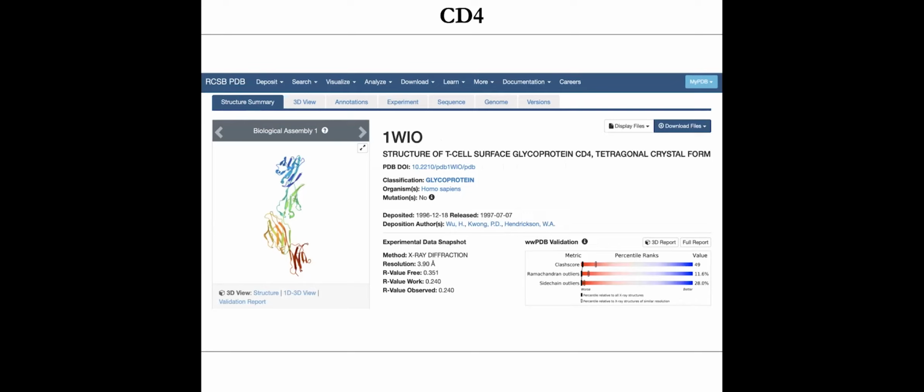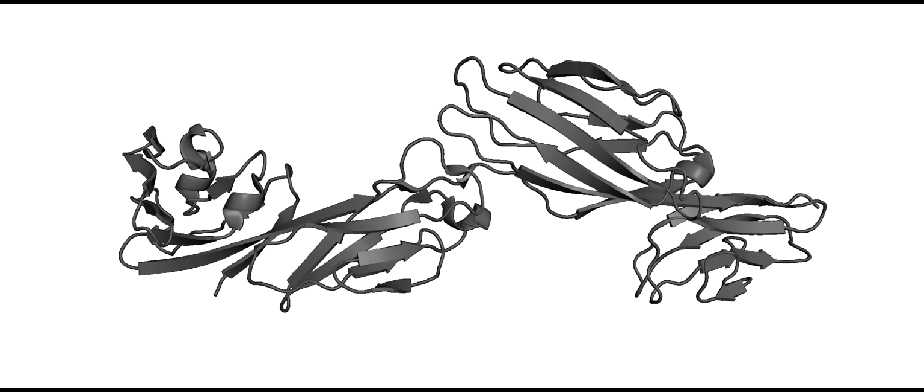So you can get some of the general backbone features, but you may be missing some side chains in the structure. And so here we have the protein CD4. It's just shown in gray right now, but I really want to emphasize that there are different domains in this protein.